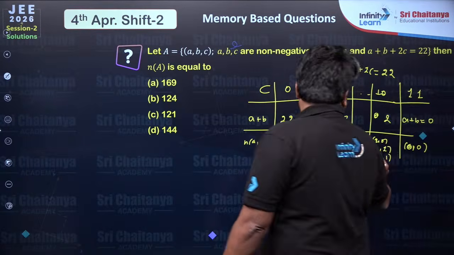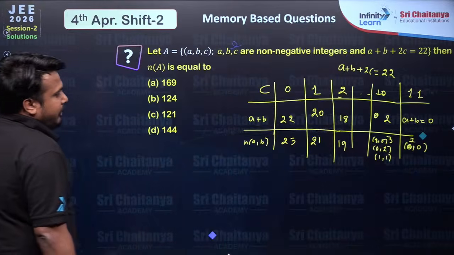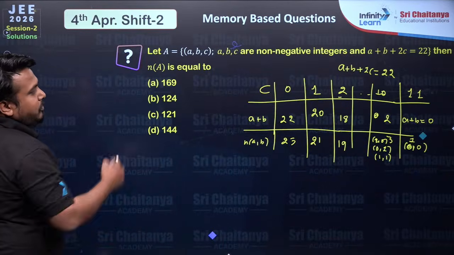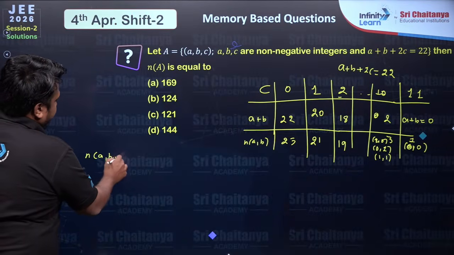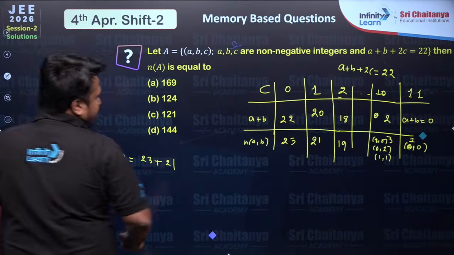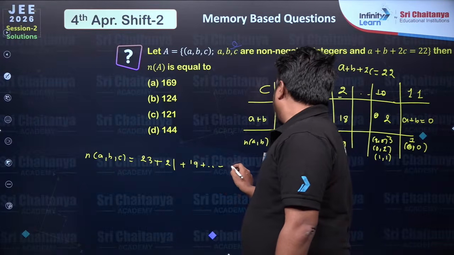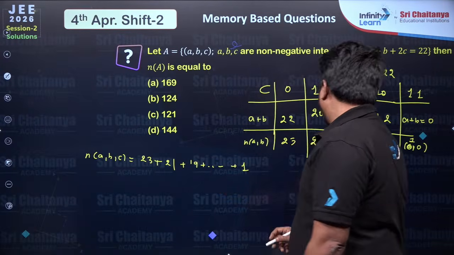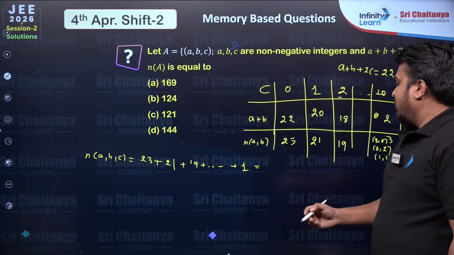So if you see how many pairs AB we can have with the value of C as fixed, the number of A, B, C will be 23 plus 21 plus 19 plus all the way up to 1. So as you can see, guys, this is an AP.